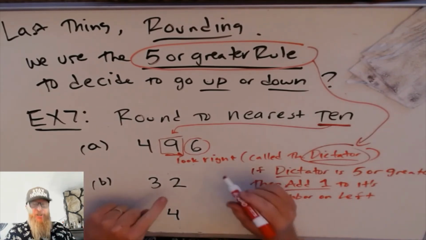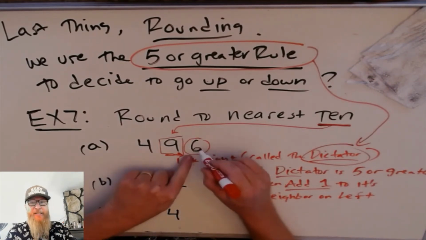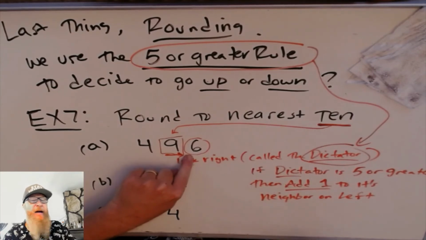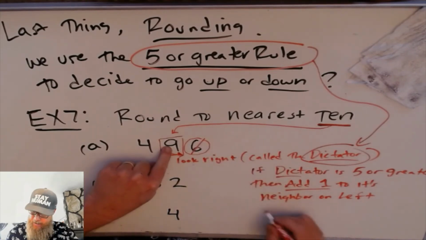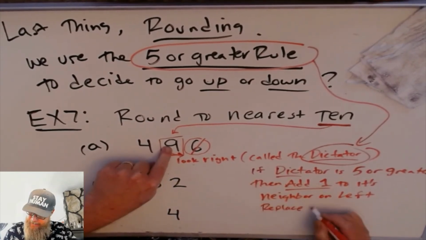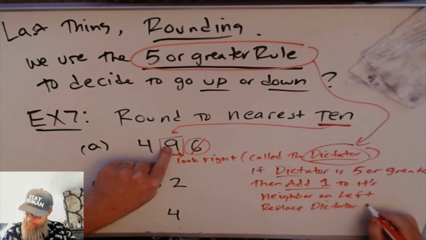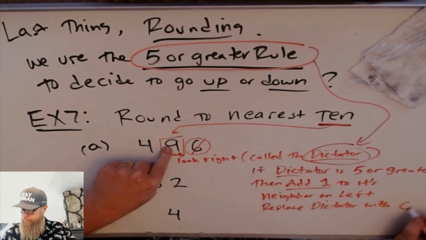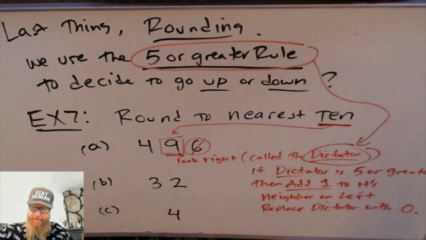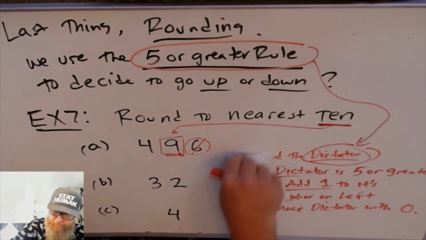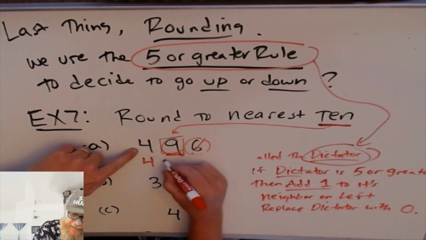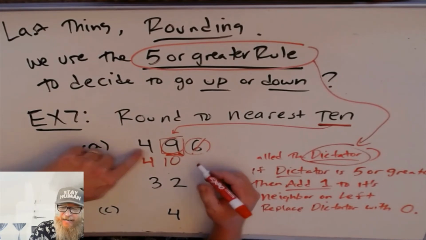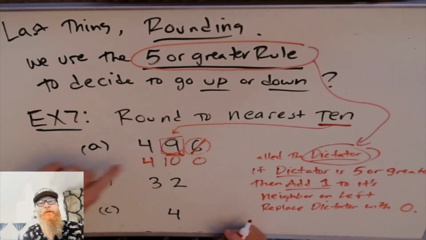All right, so we got 496. 6 is definitely greater than 5. So I'm going to round the 9 up to a 10 and then replace the dictator with a 0. I'm getting so messy here. Let me just do it right underneath here. So 4, and then the 9 is going to become a 10, and then the 6 is going to become a 0.